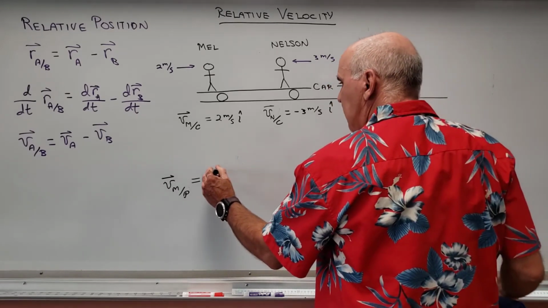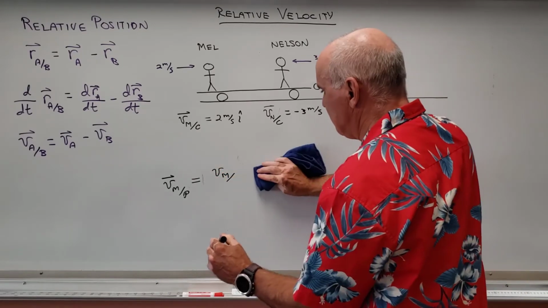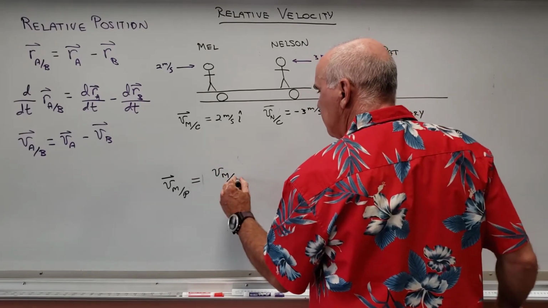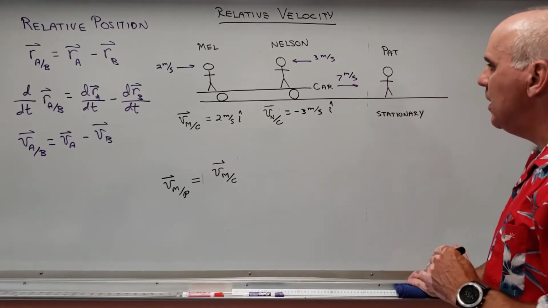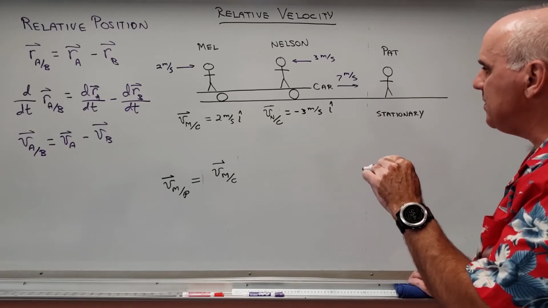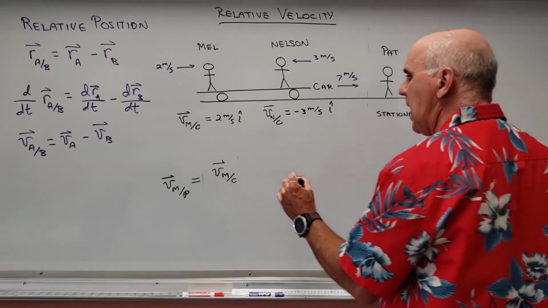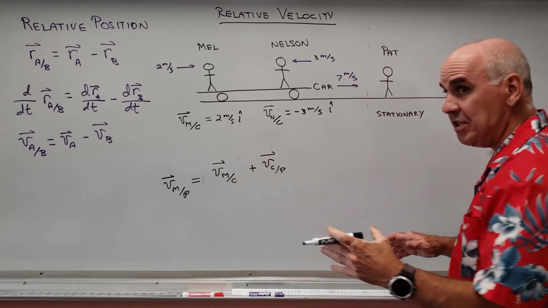This might be the velocity of Mel with respect to that origin. So I'm just going to leave it. Well, let me put a C in. Velocity of Mel with respect to the origin, which is the cart. But I also want to add in the velocity of the cart with respect to Pat. Pretty much just what I just now wrote.